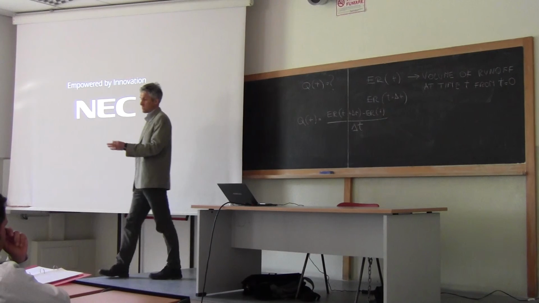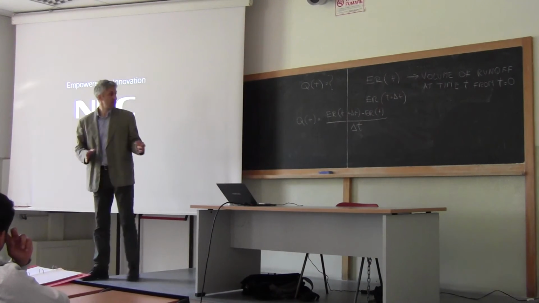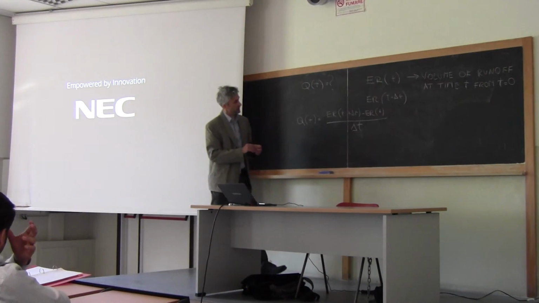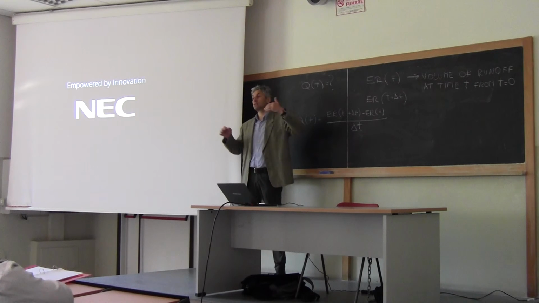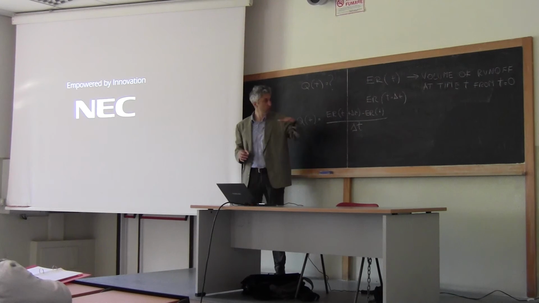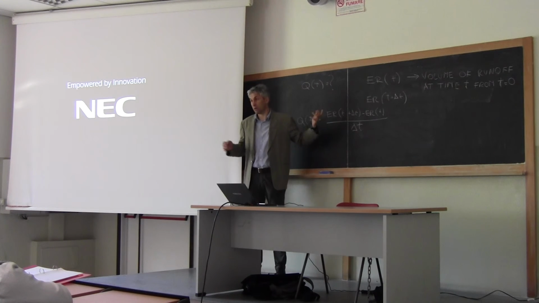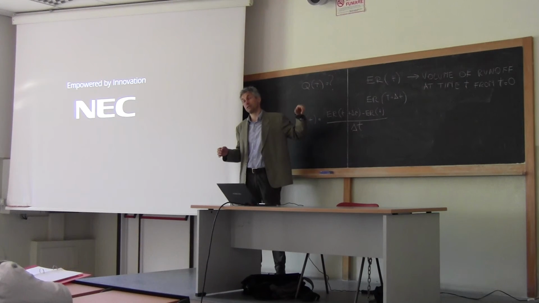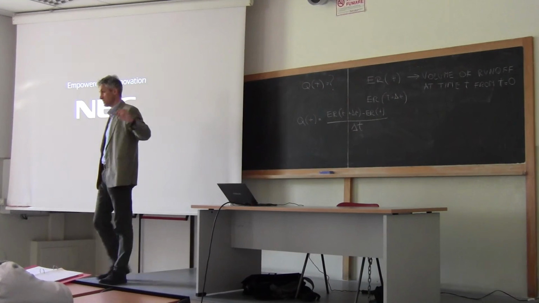We work at a daily or hourly time step. In order to estimate the river flow, we get the cumulative runoff at hour 10 minus the cumulative runoff at hour 9 divided by 1 hour, or 3,600 seconds, depending on the unit.